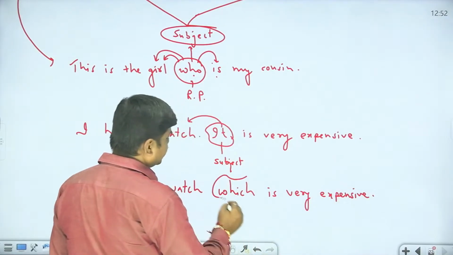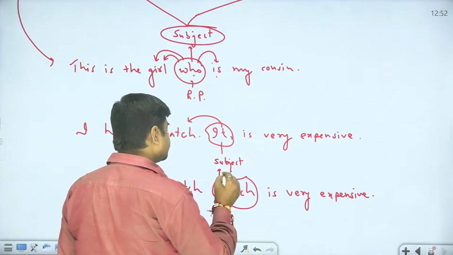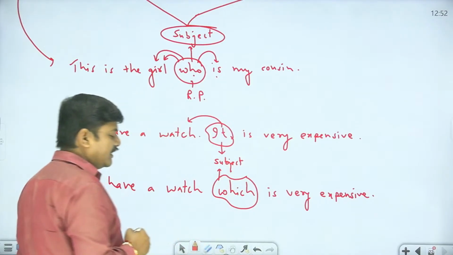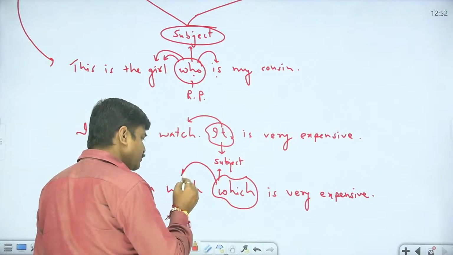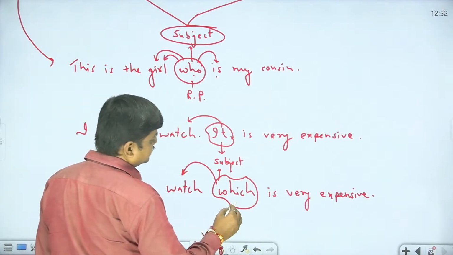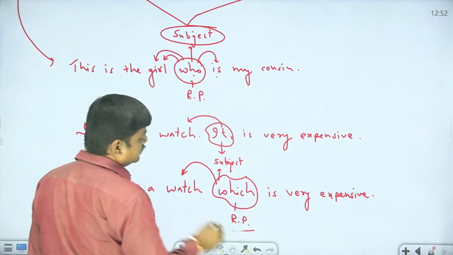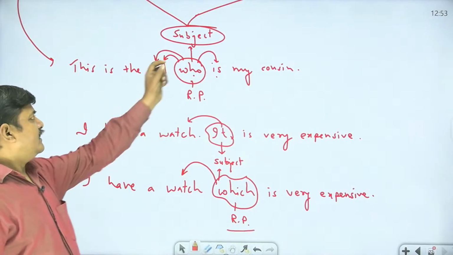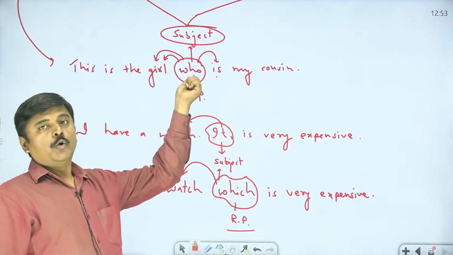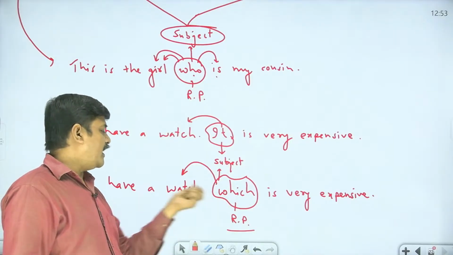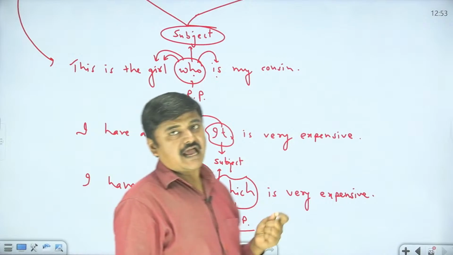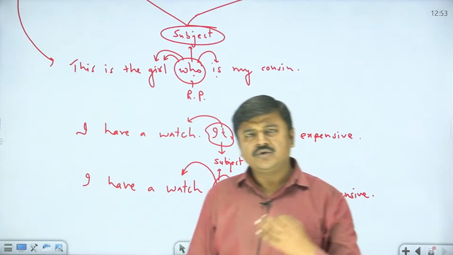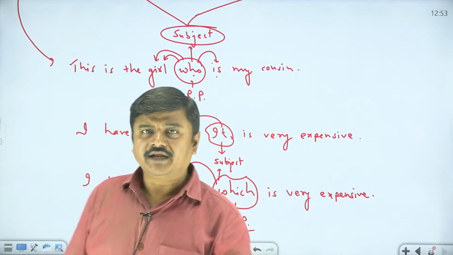And which can function as a subject as well. So, which is related to this word. That's why this is a relative pronoun here. For living being, I'm using who. For non-living being, I'm using which. Both function as a subject. I hope you have no doubt about that.